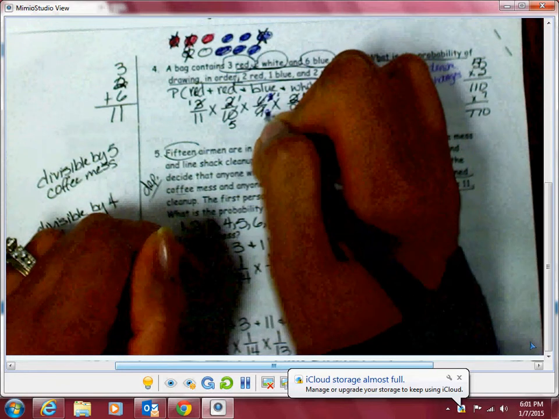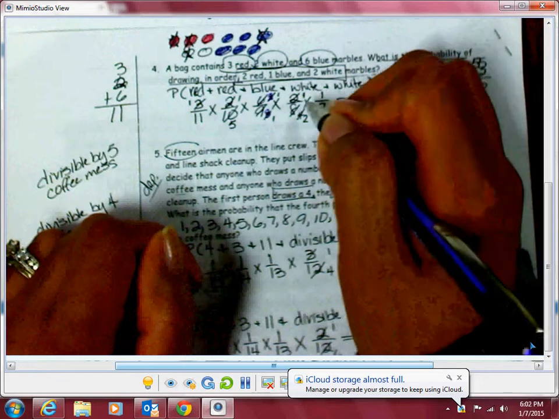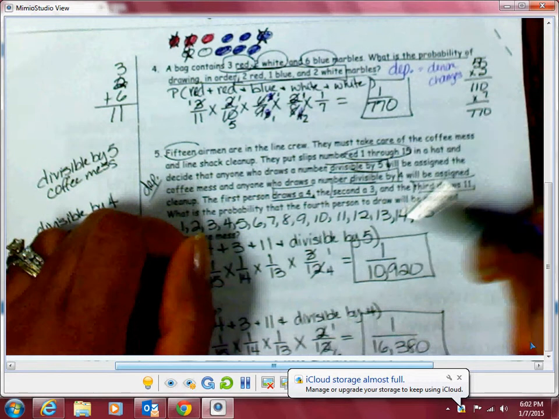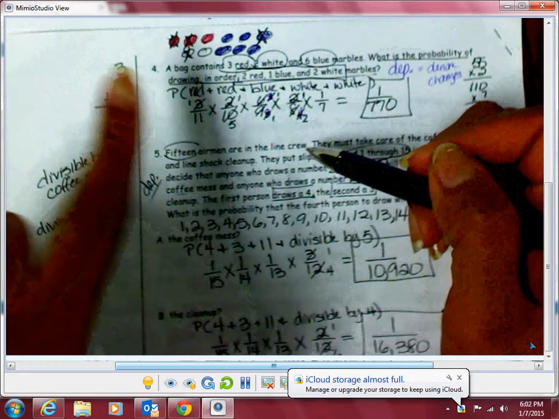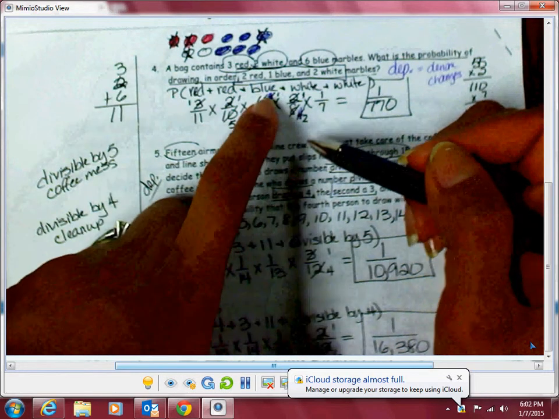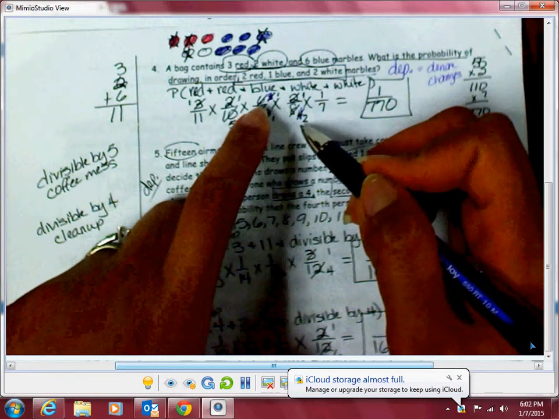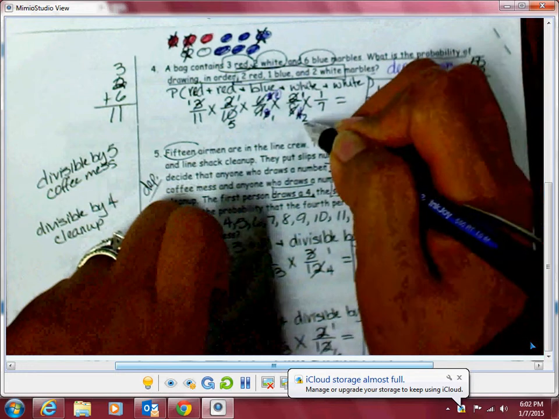So that's what these numbers were. 2/8 simplified to 1/4. That was a 4 first. Then I kept looking and I still had this 2 here and this 4 here. So I simplified them both by dividing by 2. So that's how I ended up with this 1 and this 2.